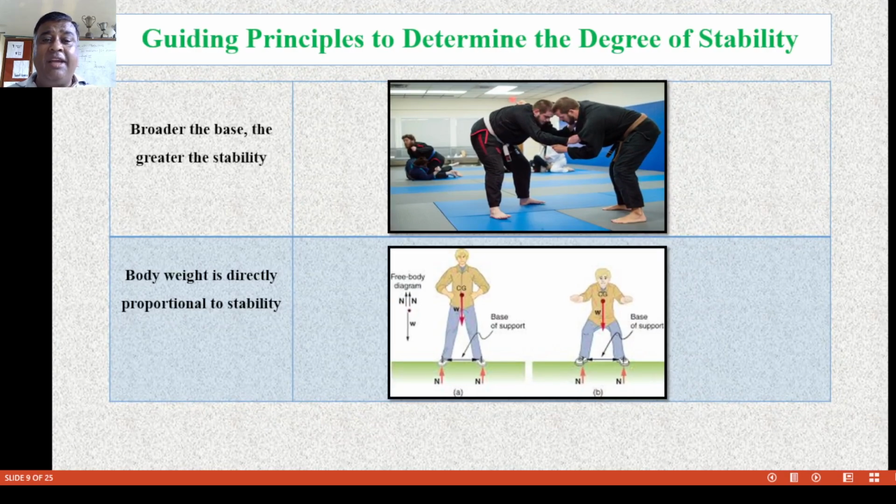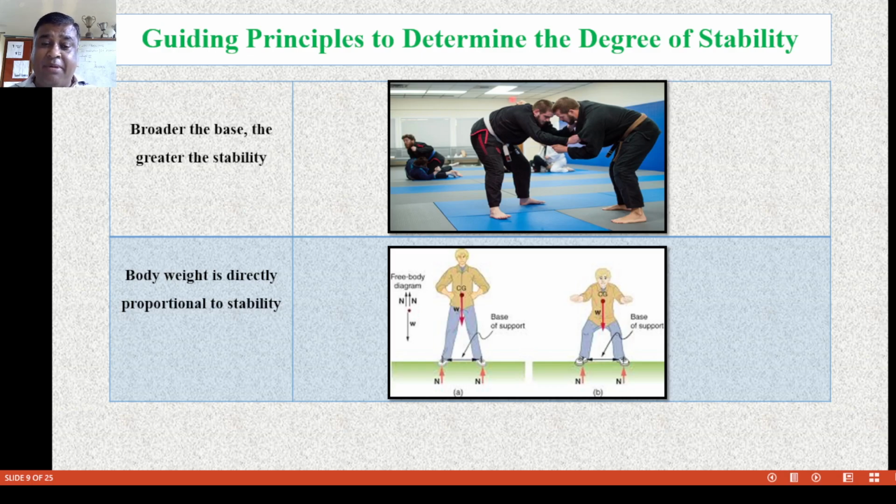Now, next are guiding principles for determining the degree of difficulty. Under this, first, the broader the base, the greater the stability, like two wrestlers using both legs for support with equal distribution.